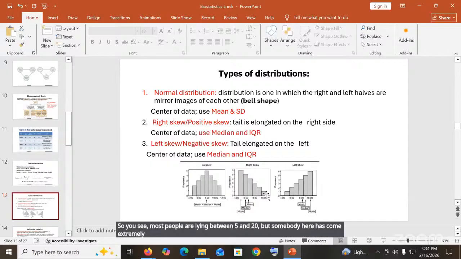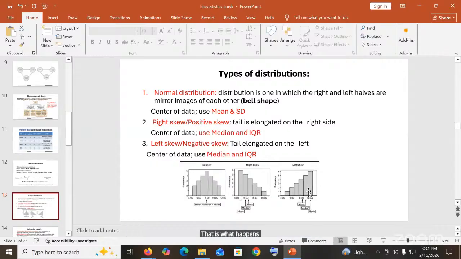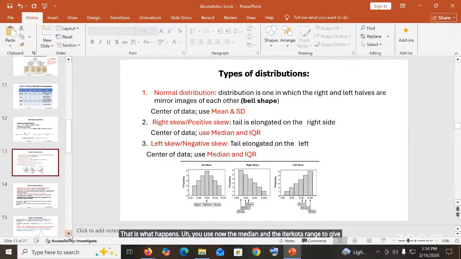They will pull the mean of this particular data, and so the median will be best to give a description on such kind of data. Similarly, for data that is pulled to the left, you use the median and the interquartile range to give a description.